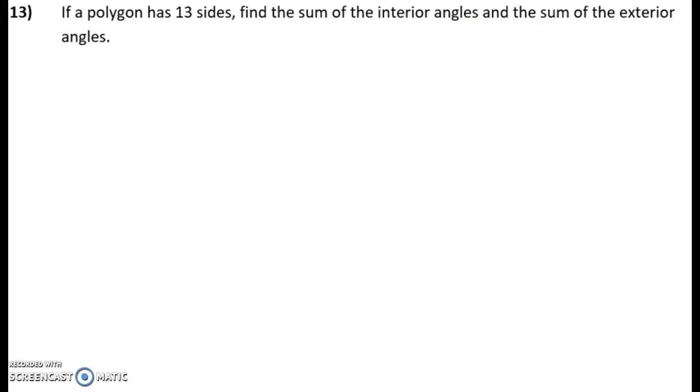Problem 13 says if a polygon has 13 sides, find the sum of the interior angles and the sum of the exterior angles. So if we want to find the sum of the interior angles, actually any interior angle of a polygon, we take n minus 2, multiply it by 180. This will give us the total number of degrees in any polygon, and then I just want to divide everything by the number of sides, and that will give me a specific interior angle.